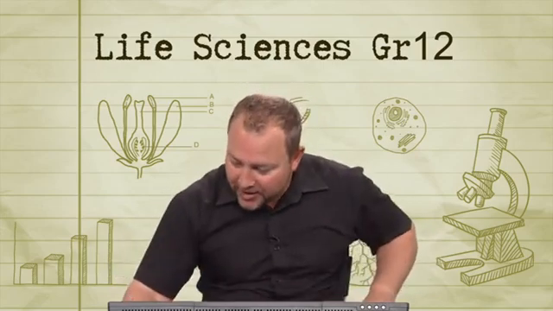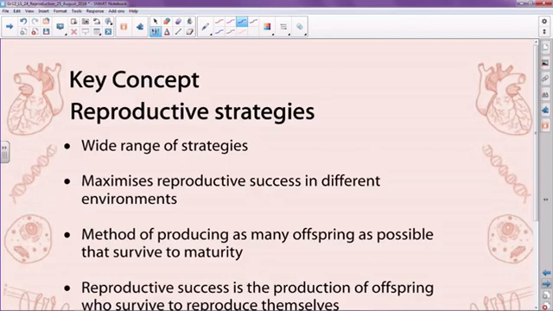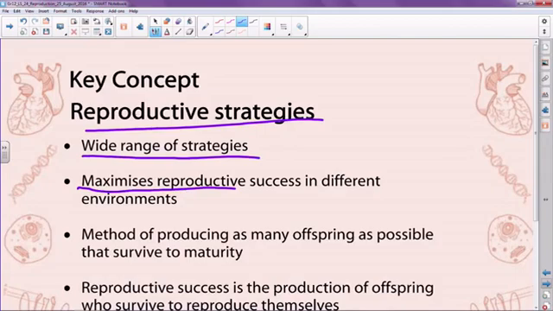The next thing we're going to have a look at is reproductive strategies. This is a very important thing because this is how we start looking at certain things. There's a wide range of strategies. First of all, we want to maximize reproductive success in different environments. That is a good strategy.